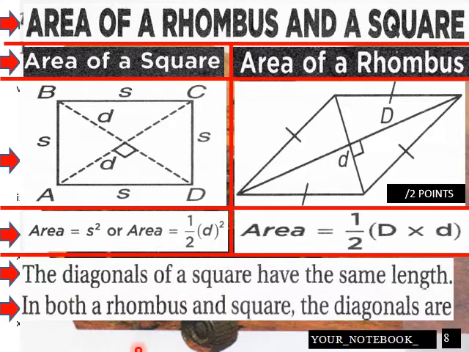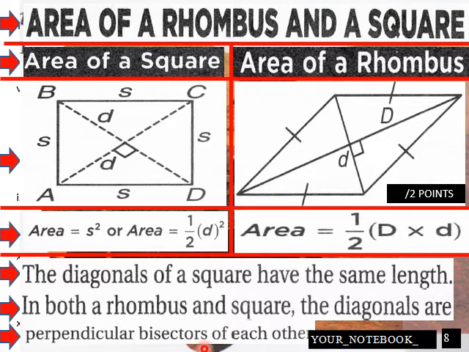Diagonals of the square have the same length. In both the rhombus and the square, the diagonals are perpendicular bisectors of each other. So it'll be 1/2 of D times D in this situation.